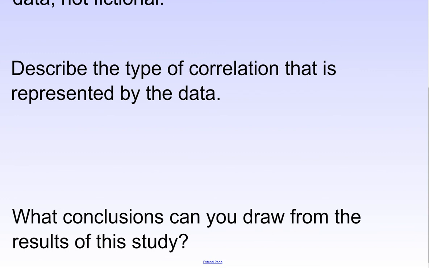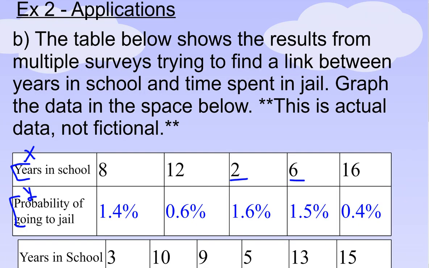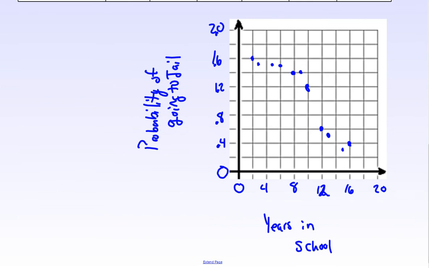Okay, so first things first is describe the correlation. So this data, let me see if I can switch colors, we'll do red. No, green. So if I wrap this up in a burrito, that is, I would say, fairly linear.